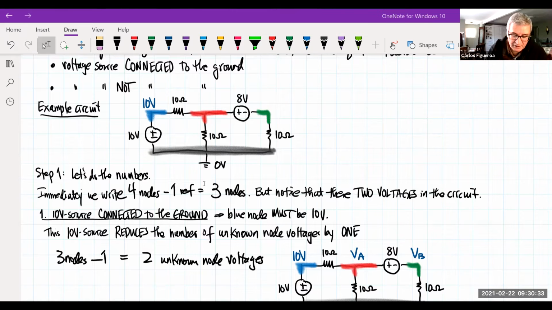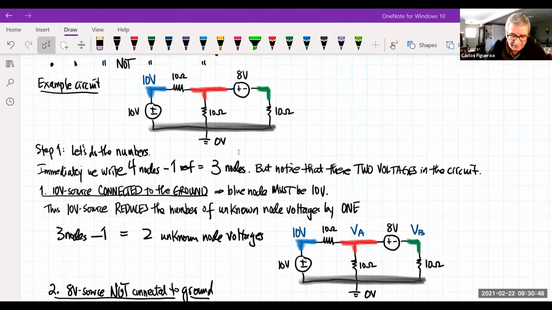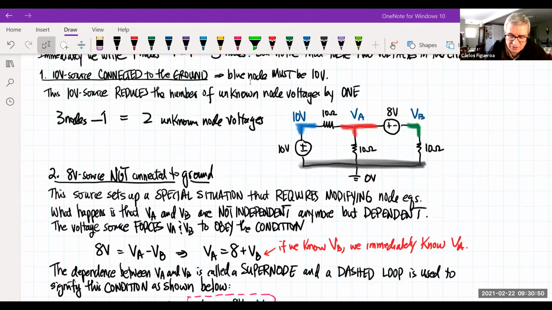So if I go look at the numbers here, I should have 3 nodes. But I noticed that there's 2 voltage sources. The 10 volt is connected to the ground. The 8 volt is not connected to the ground. So let's look at that. If it's connected to the ground, then that tells me that that blue node must be 10 volts.